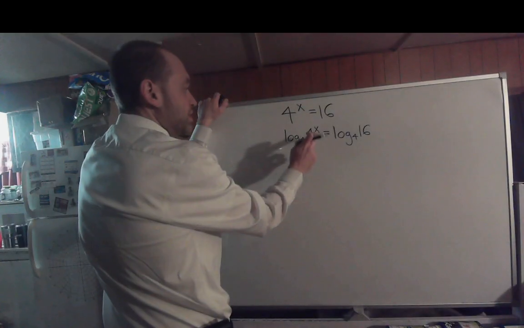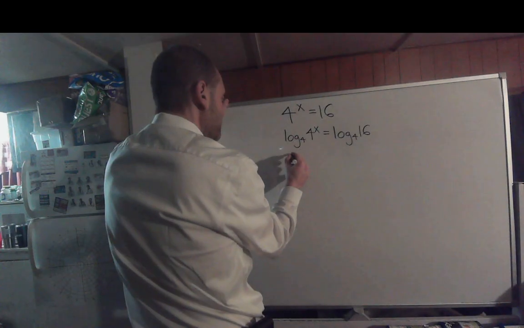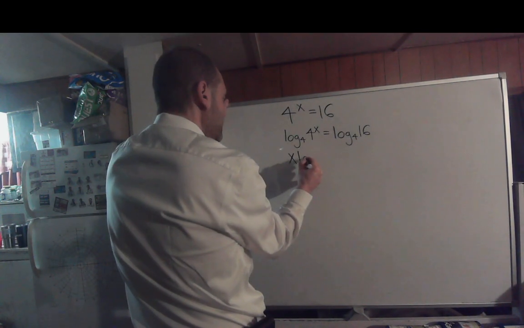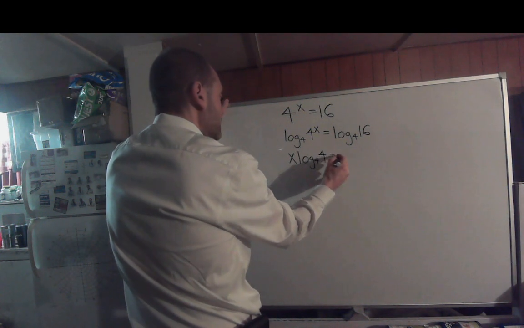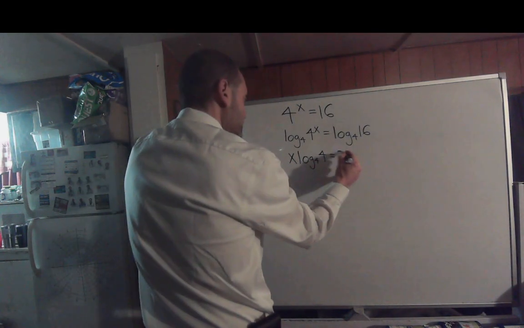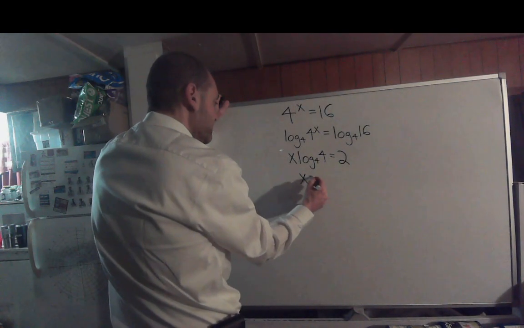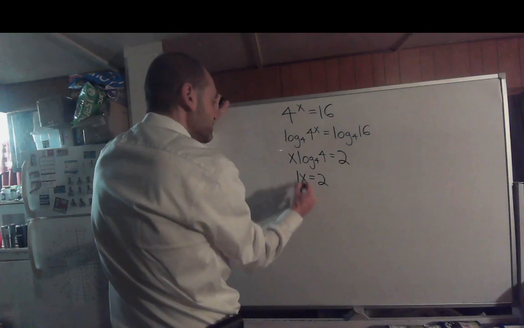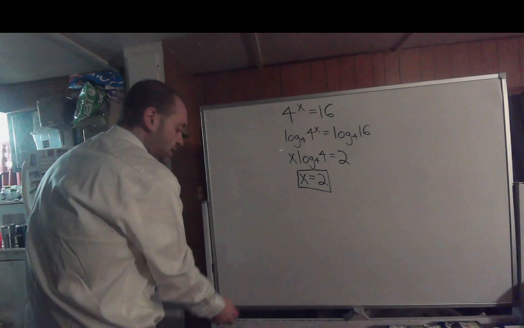Well, we know with the logarithm you have the power rule, so you can bring that x down front. You would have x times log base 4 of 4 is equal to log base 4 of 16, which is 2. Log base 4 of 4 is 1, so you'll just get a value of x equals 2. So that's how you really solve exponential equations.